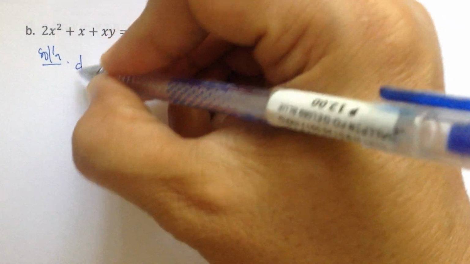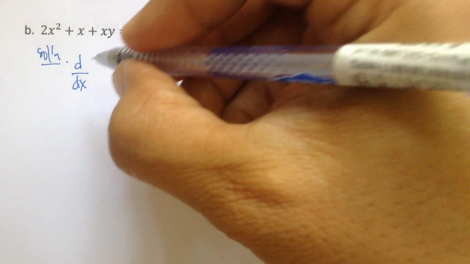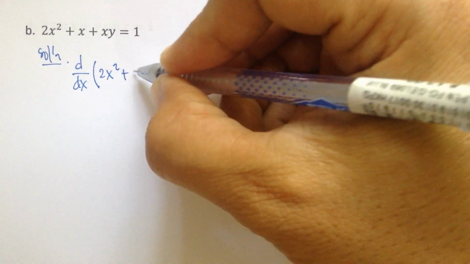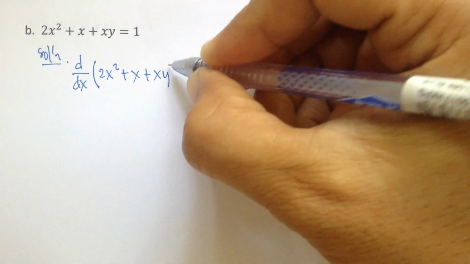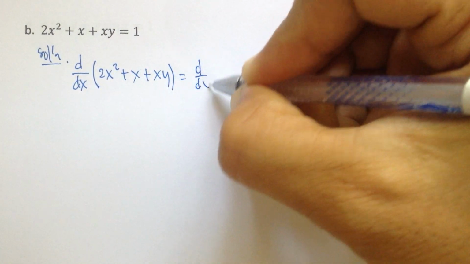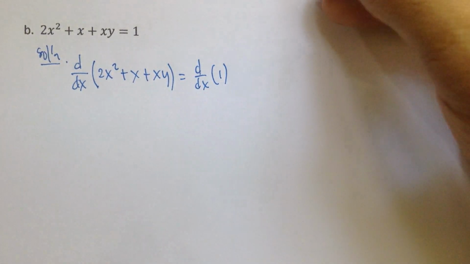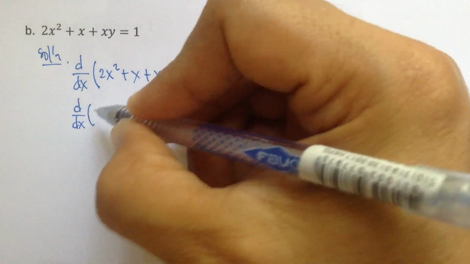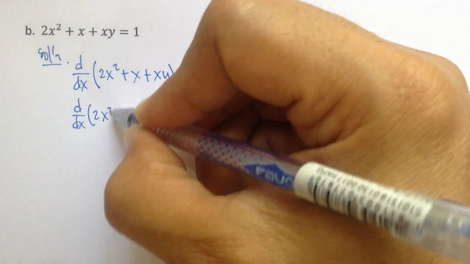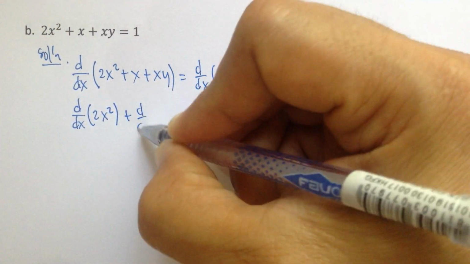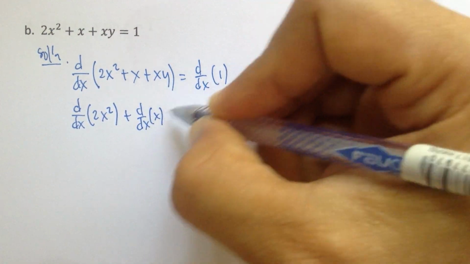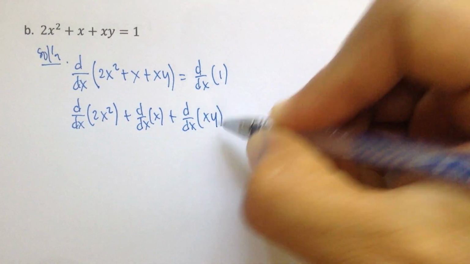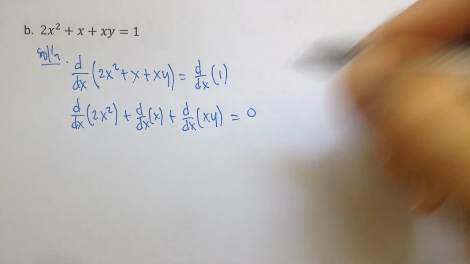First step is to indicate the differential operator on both sides of the expression. Okay, and the derivative of the sum is the sum of the derivatives, so that's the derivative with respect to x of 2x squared plus the derivative of x plus the derivative of xy equal to 0.